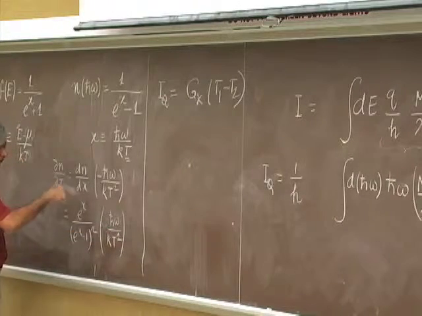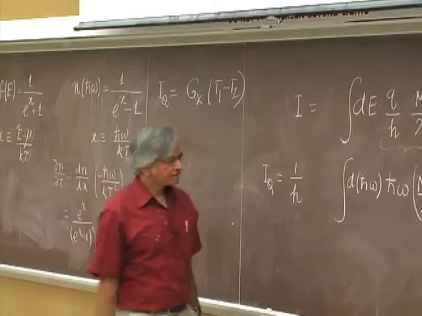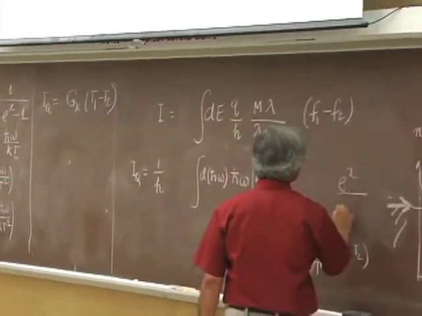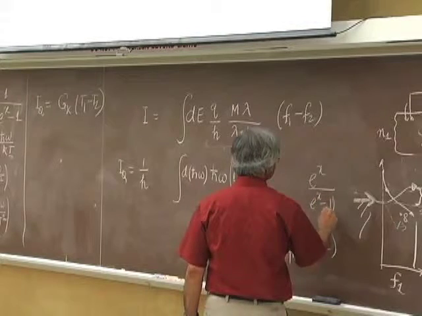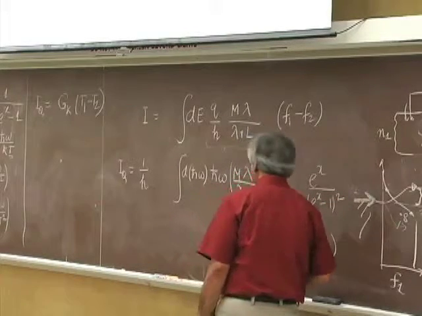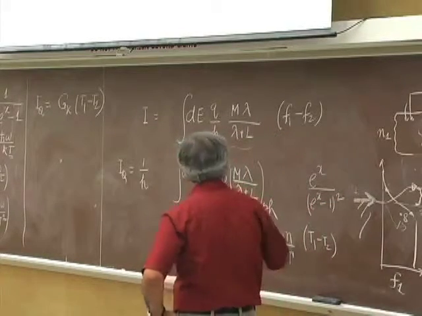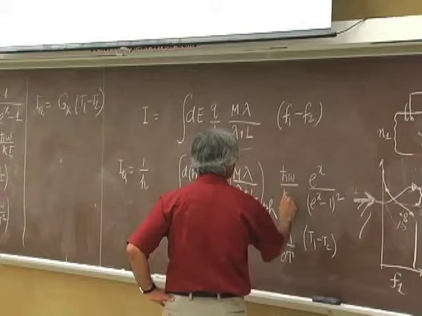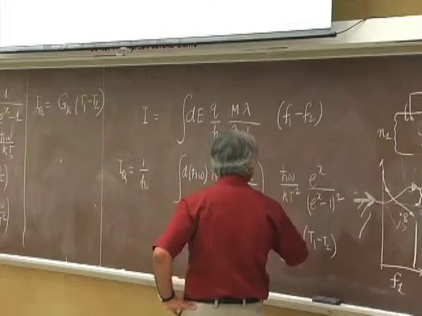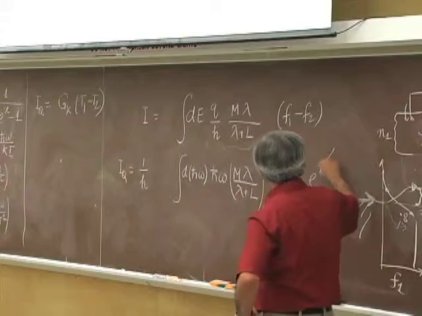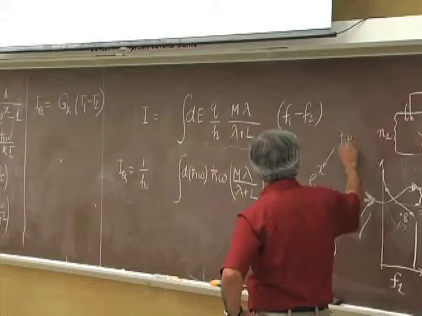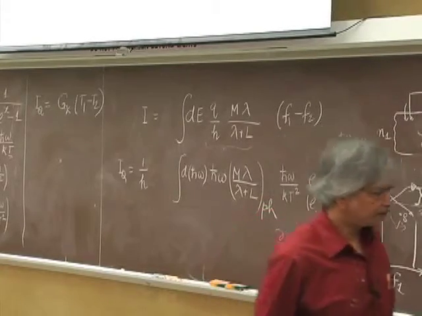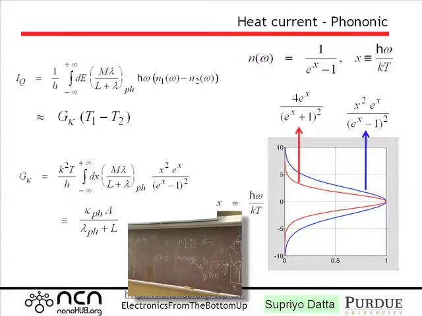The minus is gone because, so I think you should get, and note that the x of course is h bar omega over kT. So I think this is the expression I have on this.